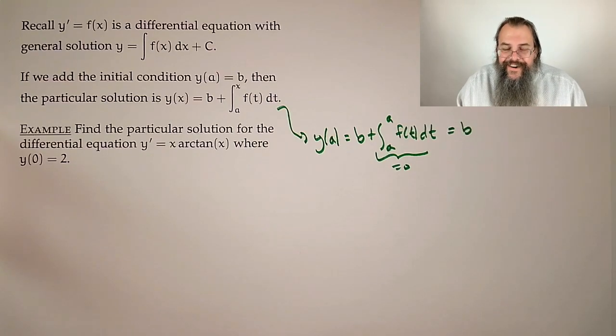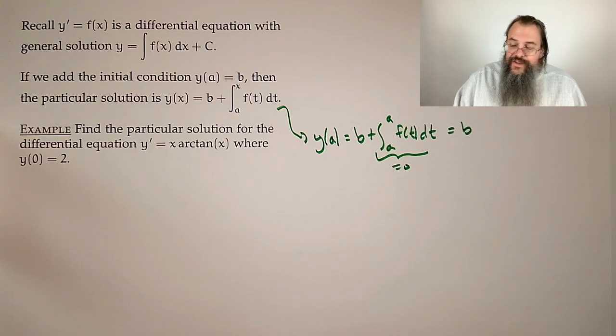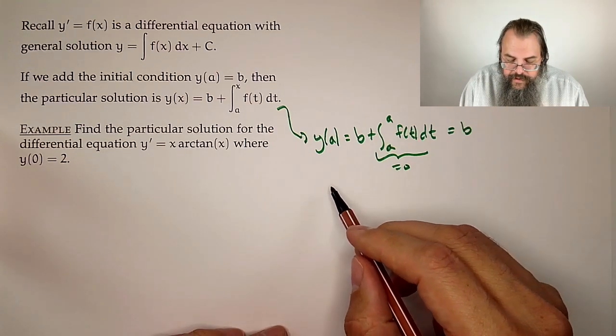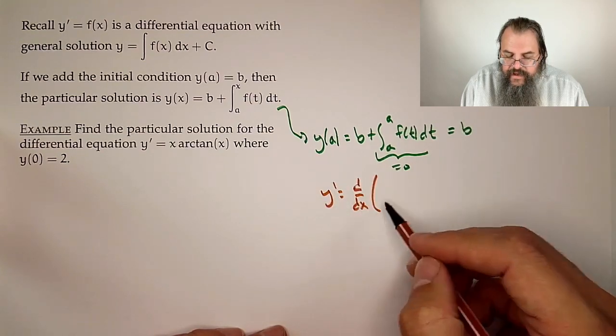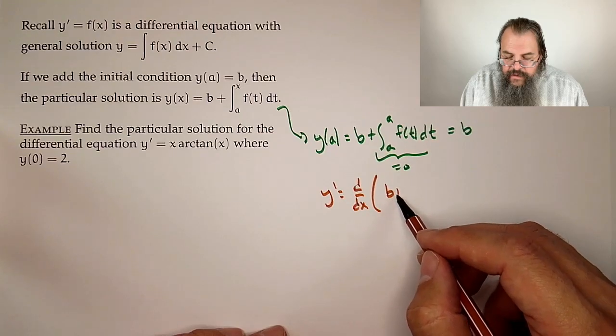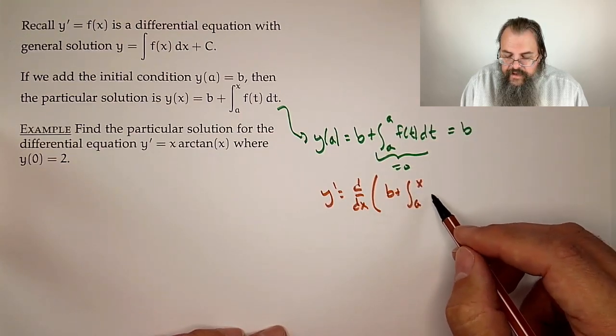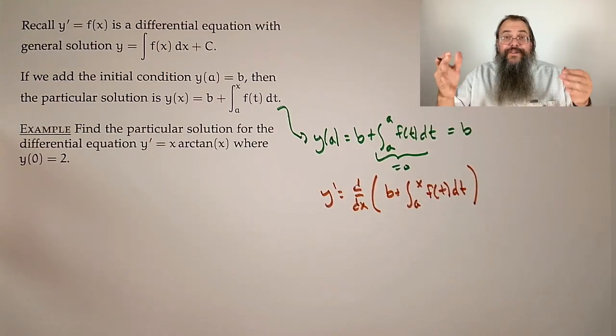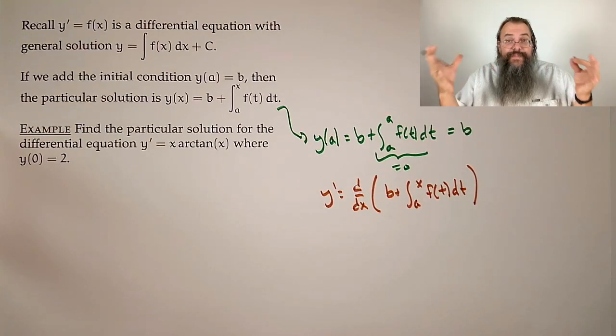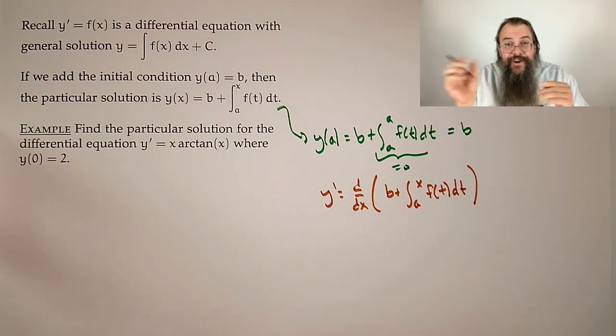Wonderful. All right, so that shows we satisfy the initial condition, but we also need to show that we have the right derivative. So I say, okay, well, what is y prime? So that says you're taking the derivative of b plus the integral from a to x of f of t dt. Well, what's the derivative of the constant b? 0.